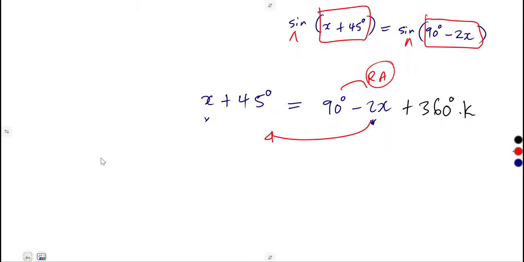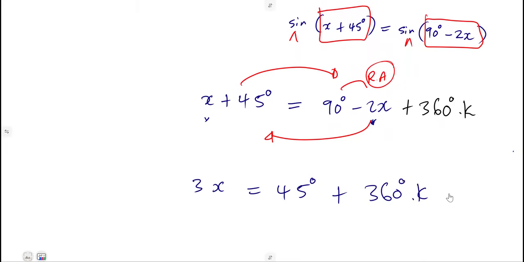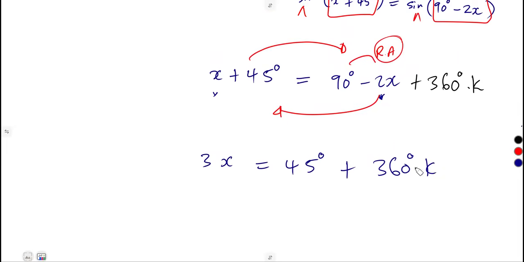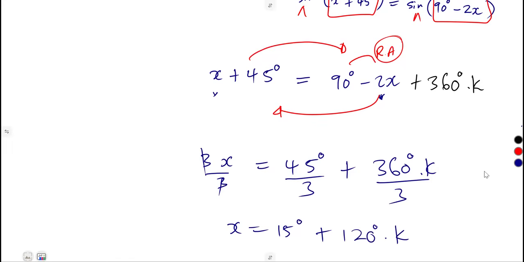Once it crosses, it's going to be positive. x plus 2x, which is 3x, is equal to, we take the 45 to the right-hand side, that's going to be a negative there. So 90 minus 45, which is 45 degrees plus 360 times k. So that is it. We can even divide by 3 each and every term. So our x is equal to 45 plus 120 times k, like that.